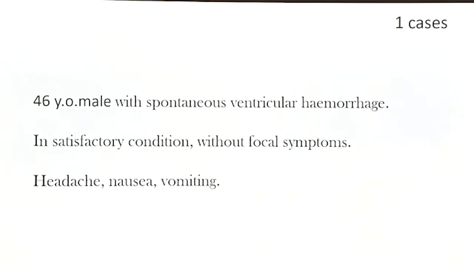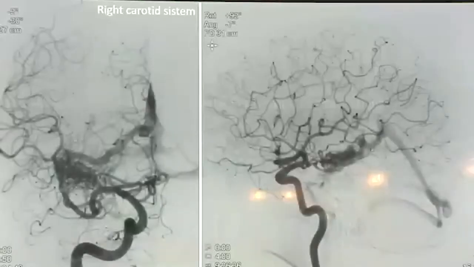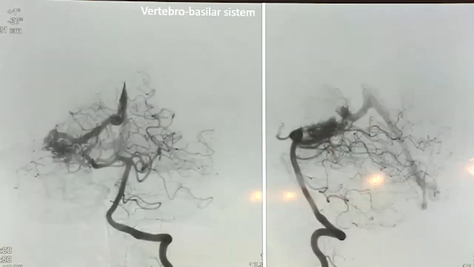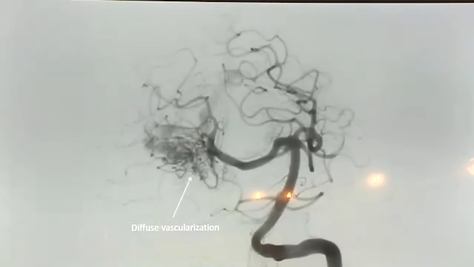The first case is a 46-year-old male with spontaneous ventricular hemorrhage, in satisfactory condition without focal symptoms, with headache, nausea, vomiting. This is a deep AVM, not good for catheterization of all branches. In the lateral view of the vertebro-basilar system in API, you can see many feeders.